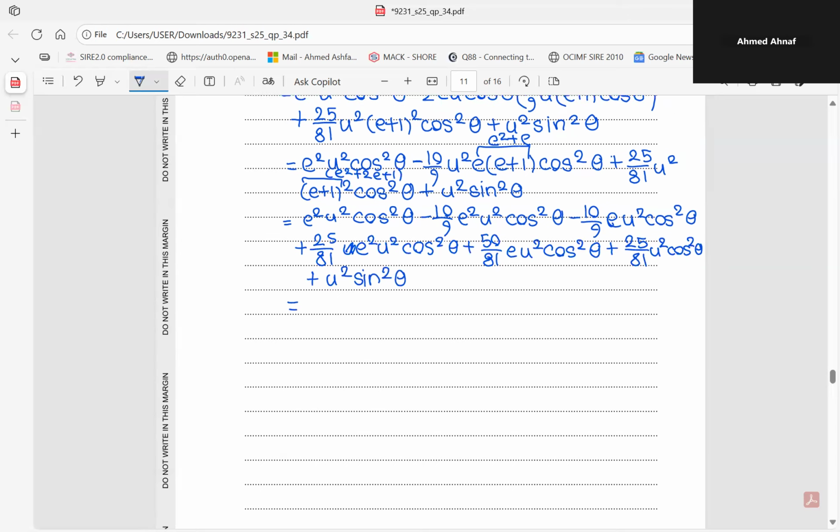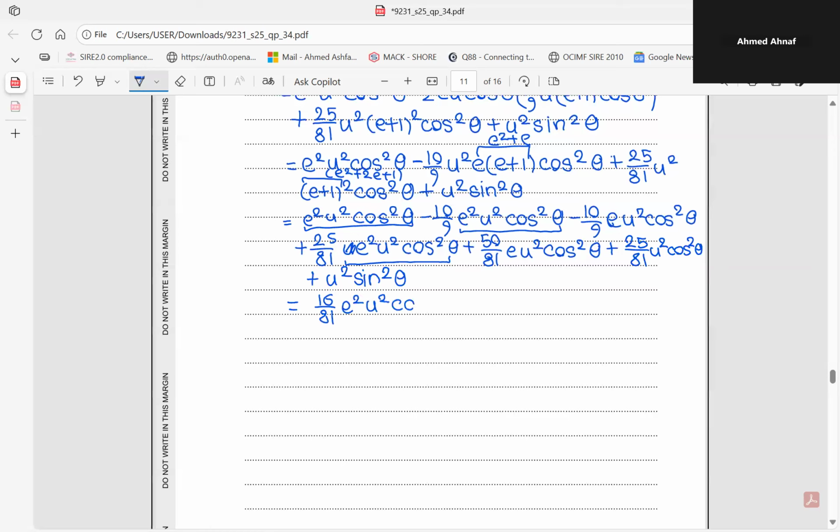Now let's group all the like terms together. For the e squared u squared terms, that is 1 minus 10 over 9 plus 25 over 81. We get 16 over 81 e squared u squared cos squared theta.